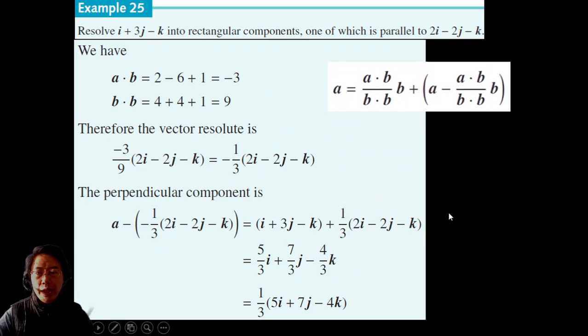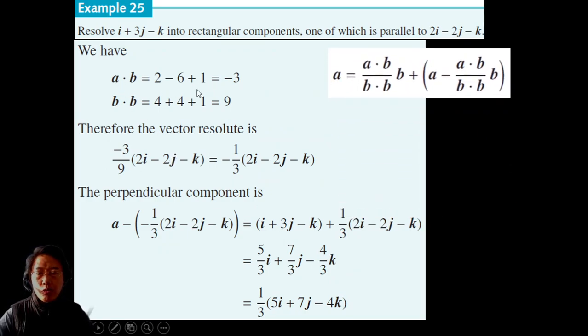Go on with the calculation. So you do the products, you write the quotient times the vector b. So that's vector b and that quotient, and that will give you the vector resolute u.